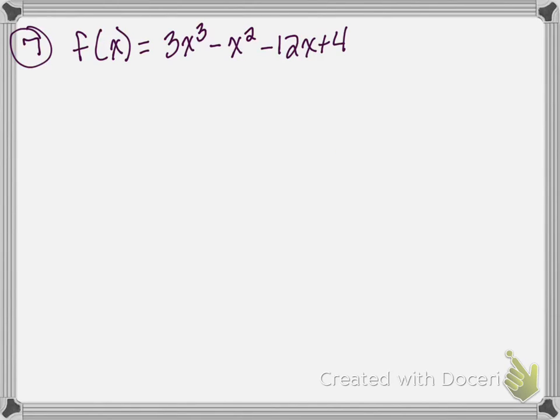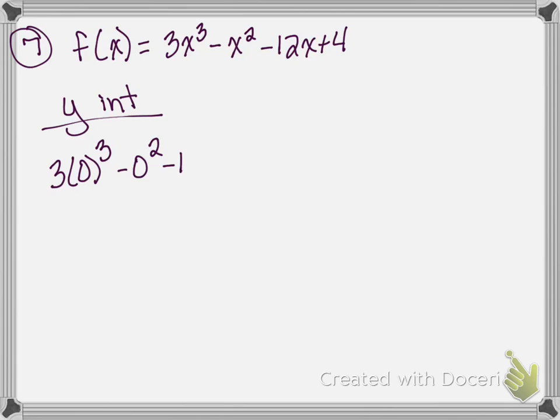To find the y-intercept, I am going to plug 0 in for x. So I have 3 times 0 cubed minus 0 squared minus 12 times 0 plus 4. All of these cancel out and give me 0, and so my y-intercept is going to be 4.